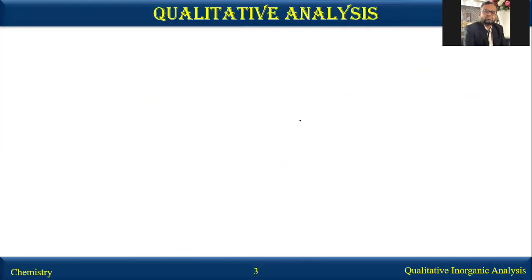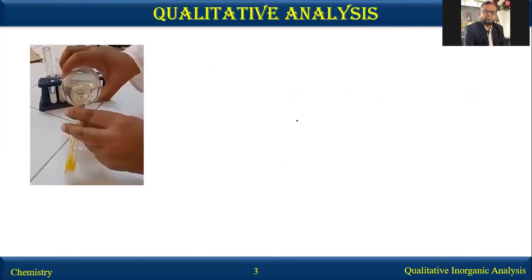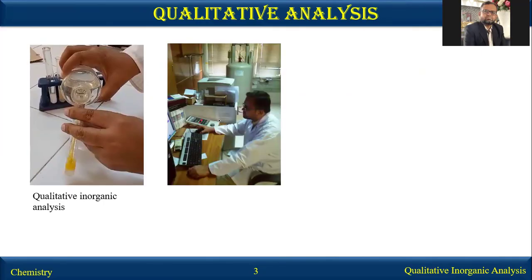Now see, what is qualitative analysis? In qualitative analysis, we can identify different types of ions present in the sample. That is the part of qualitative inorganic analysis. It could be NMR that helps determine the structure of an organic compound.